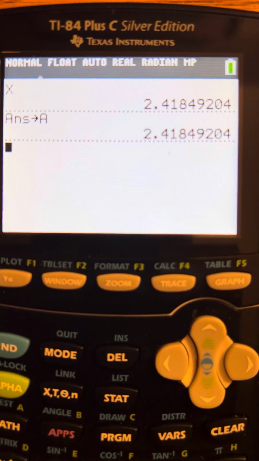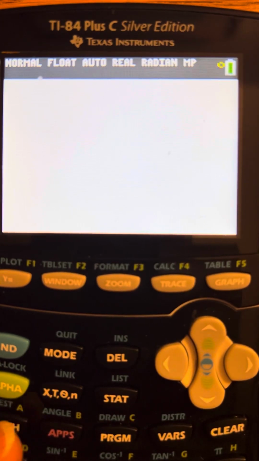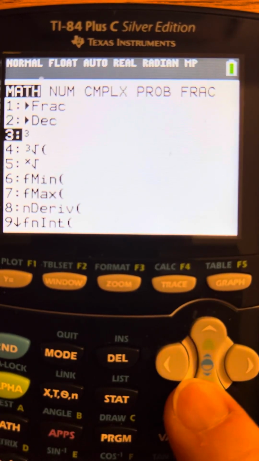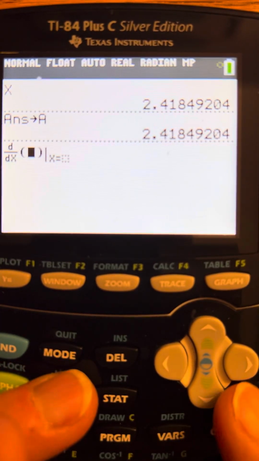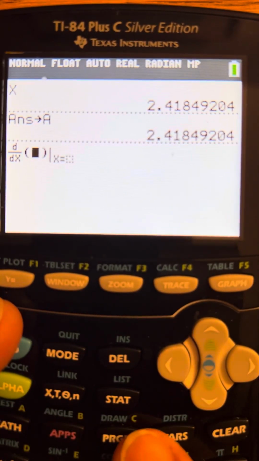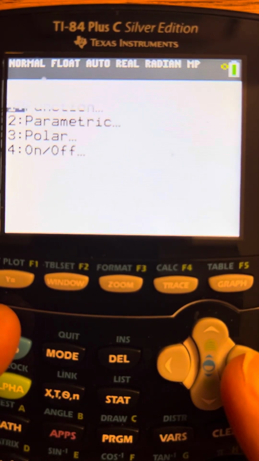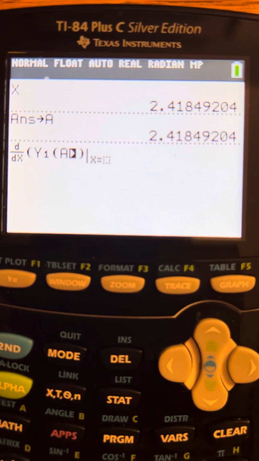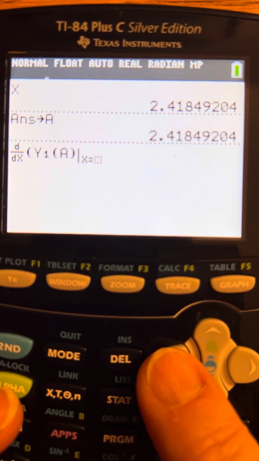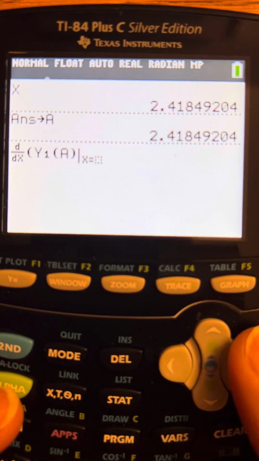Now just to be really convincing, I'm going to double check and say, well, what is the value of my derivative of y sub 1? Derivative of x of y sub 1 at alpha A. Whoops, I don't need that there.